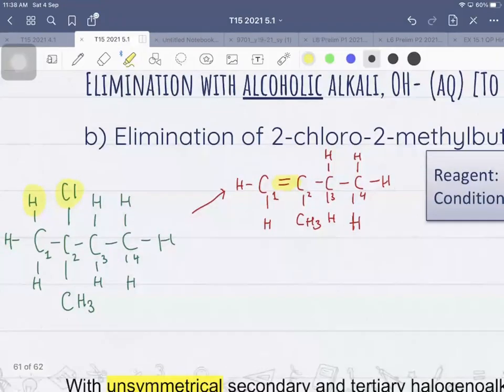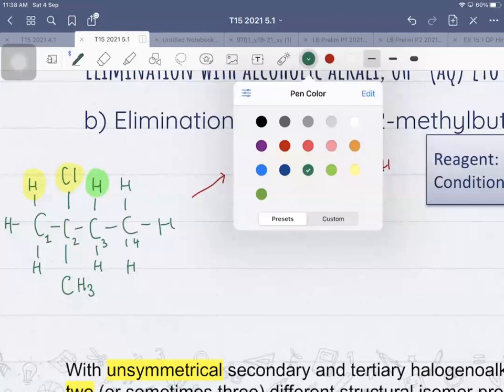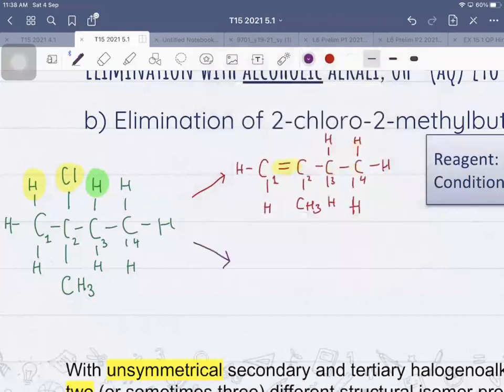Okay. What if I lose the chlorine from carbon number 2? That one I don't have any other choice. I have to lose that chlorine, and I lose the hydrogen from carbon number 3. So I will now get another product, a different product. Carbon 1, carbon 2, carbon 3, carbon 4.